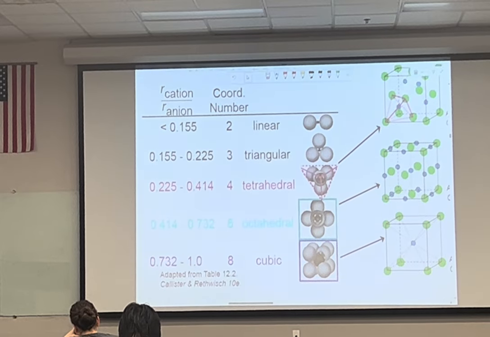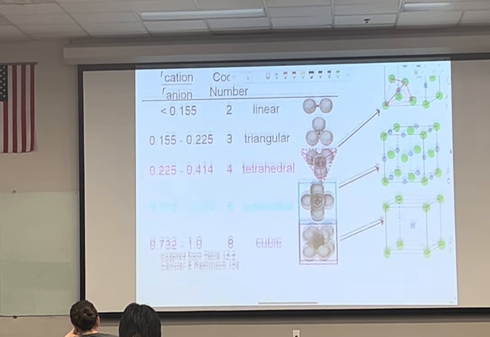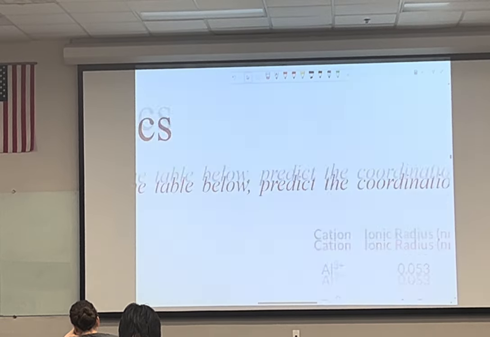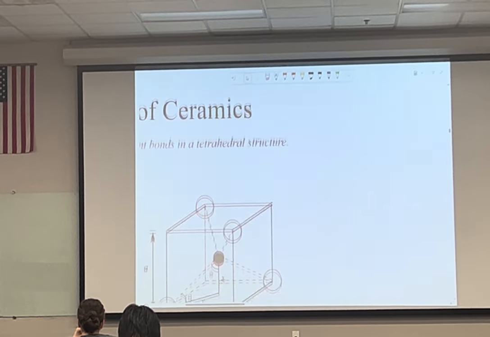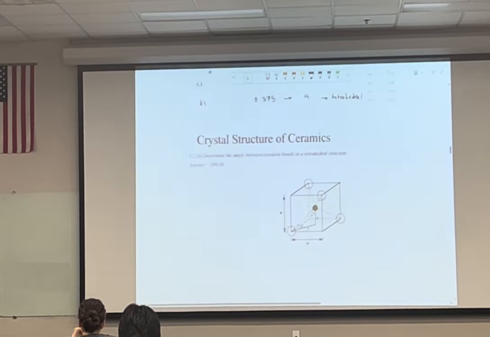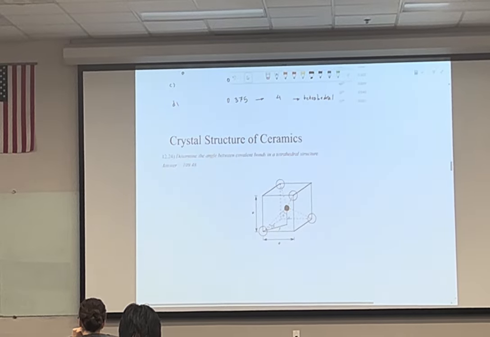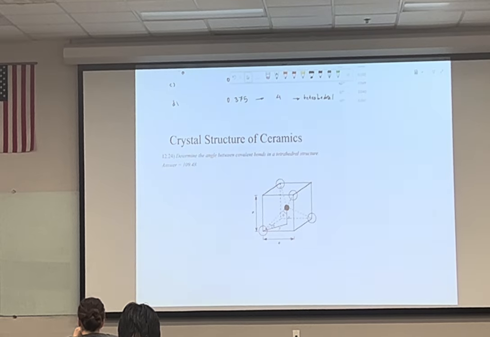If you look at this structure here, I put in a figure so it would be easier for you to visualize it. When it says we want to find the angle between the bonds, we are looking for this angle, right? Which is equal to this one or this one.